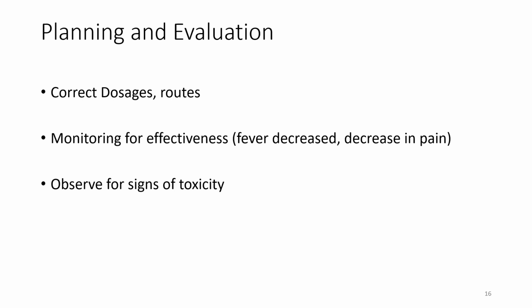Okay, so then observing for the signs of toxicity, we talked about those, but let's just review some of them. Of course, vomiting, ringing in the ears, that tinnitus. You may have some confusion. Hyperthermia, remember it regulates the fever, okay? It's a pyrogen.